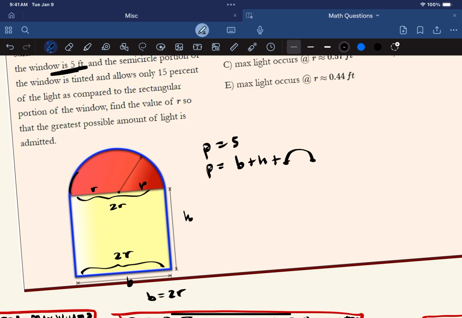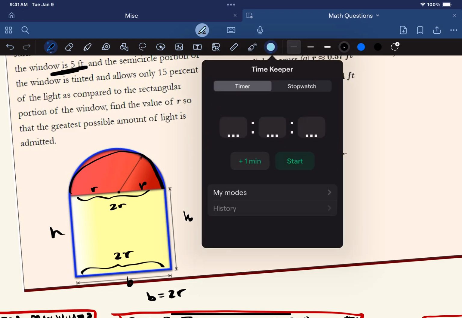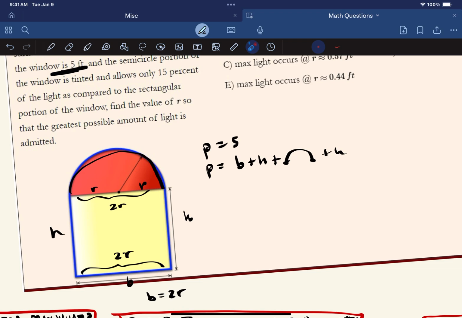Semicircle, that's this piece right here. And then plus another h. So that takes care of my b plus h plus the semicircle plus the h. And we're back to the b. Look at that, I mixed symbols with letters. Nothing can stop me. And I'm adding them together.